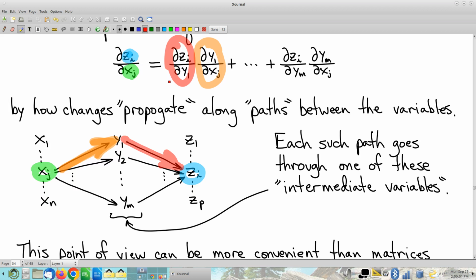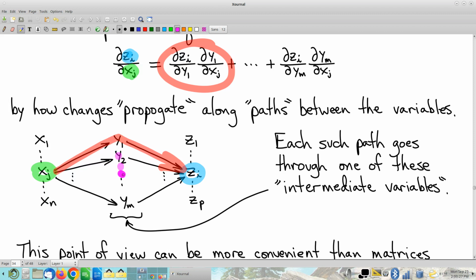All right. Okay, so the idea then is that each one of these paths, such as this path right there, represents a term in this formula. And then I can do likewise for the other paths.